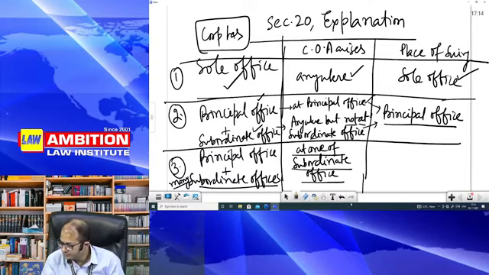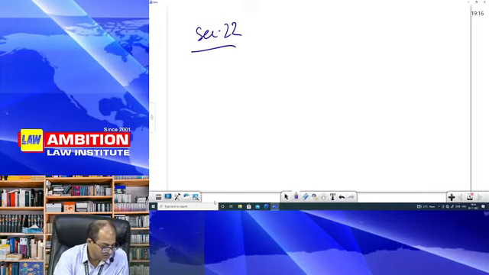Section 22 to 25 enact the law regarding transfer and withdrawal of suits. How does it do so? Let us begin with this.